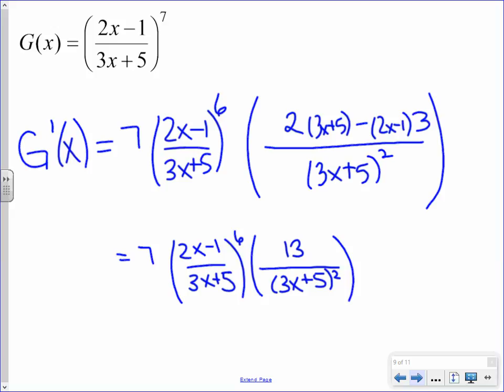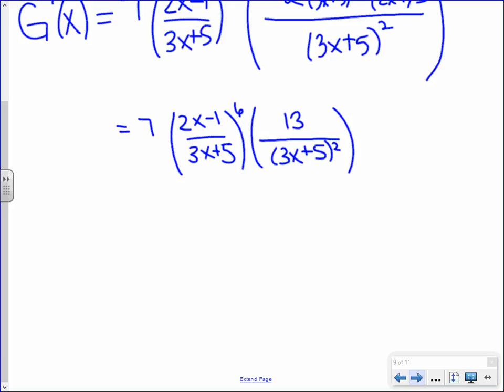Does anybody want me to go through that? Okay. Now, I am fine with your answer the way that it is. Let me tell you what the back of the book is going to do so you don't panic. The back of the book is going to take 7 times 13. What's 7 times 13? 91.